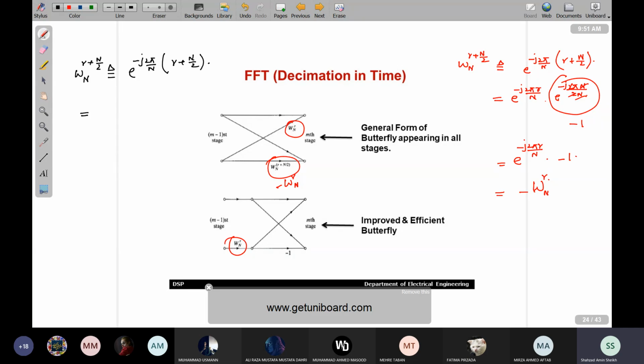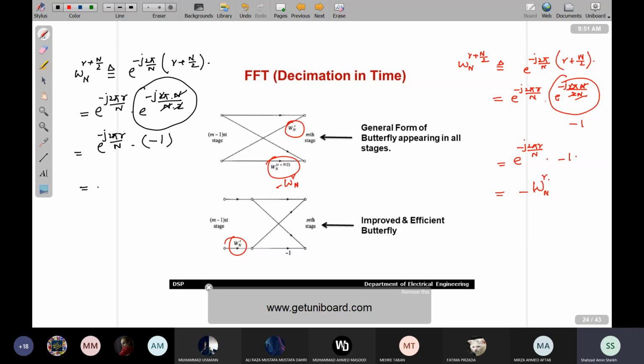So this can be written as exponential of minus j 2 pi r over N into exponential of minus j 2 pi N over N into 2. So the 2 will be cancelled with 2, and N will be cancelled with N. So it is exponential of minus j pi, which is equal to minus 1, and that's being multiplied with this exponential of minus j 2 pi r over N.